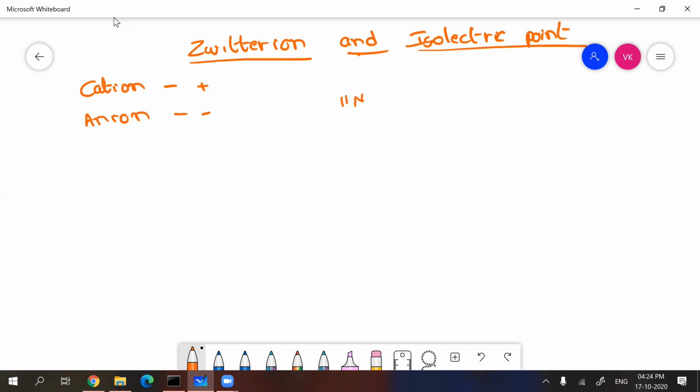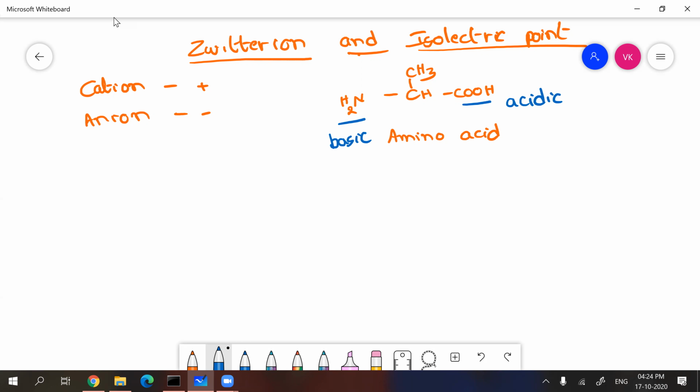For example, let's take an amino acid. In this, if you see, this is an amino acid. And in general, in amino acids, we see this concept of forming Zwitter ions. Here you see there are two different types of functional group. This is acidic and this is basic.